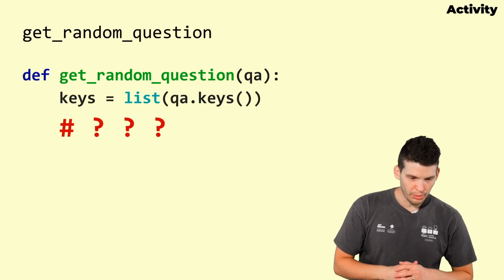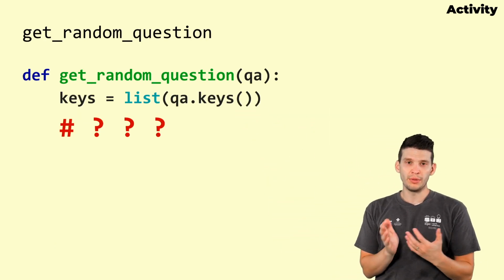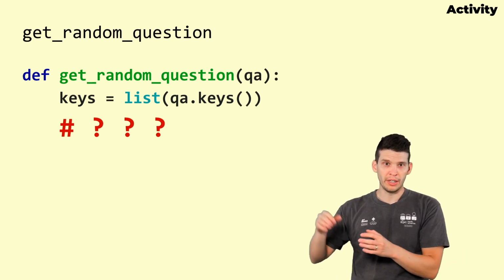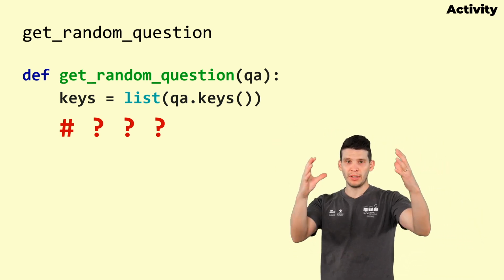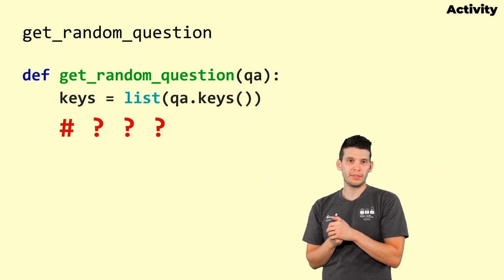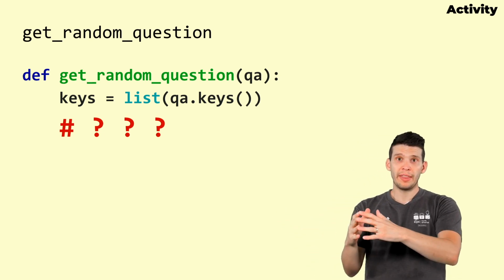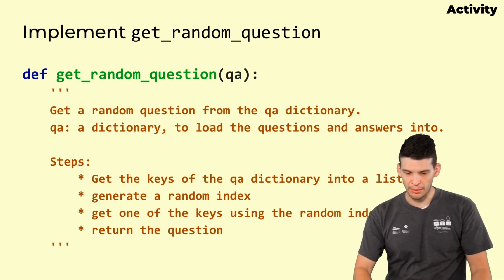All right, so one way to do that, and this is one kind of short way that we can get all the keys into a list. We could actually loop through the dictionary and get all the keys, but a nice short way of doing it is if you say qa.keys, that will give you the keys, and then we convert it to a list so that we then have that list. So once we have that, we need to follow these other steps to get one of the questions at random.